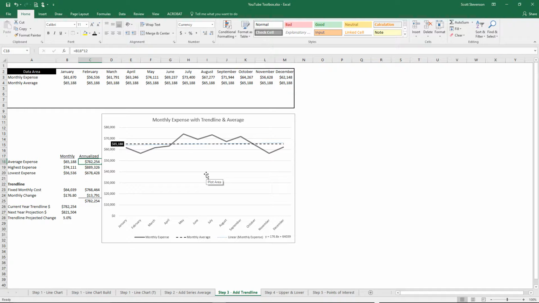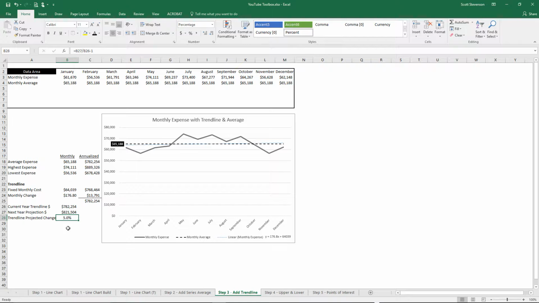So what that is telling us, there is a slight increase. How much of an increase? Well, if we look at the current year trend line, it's 782,254. The next year, because of the increasing 176.80 per every single month, the next 12 months would total 821,504, or an increase of 5%, providing the trend continues.